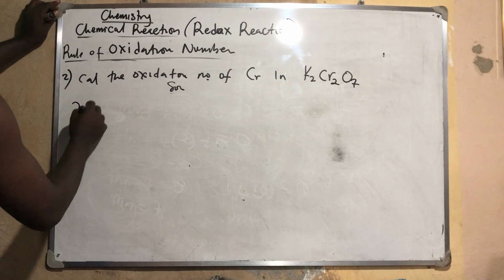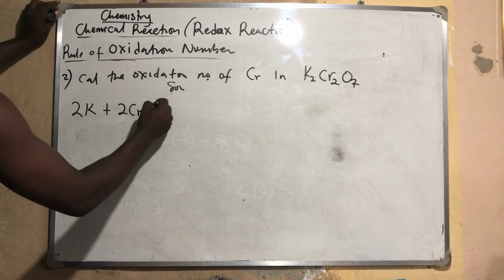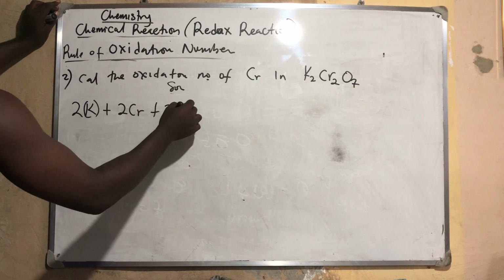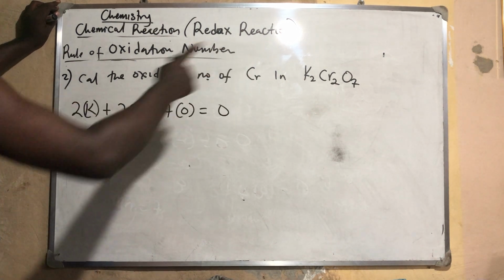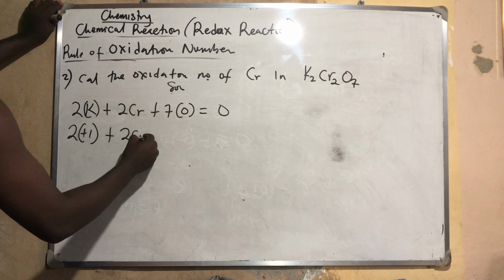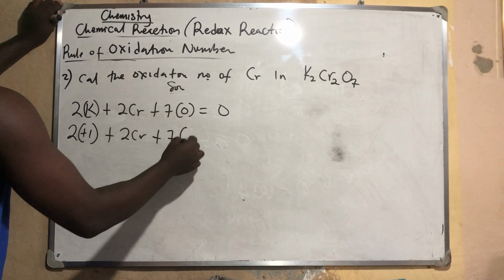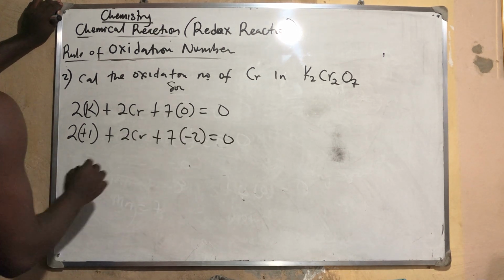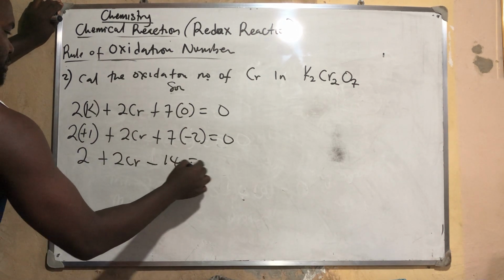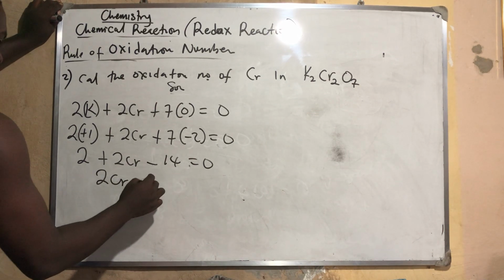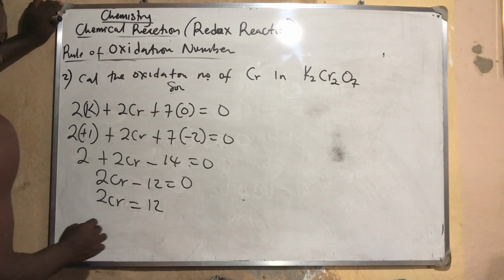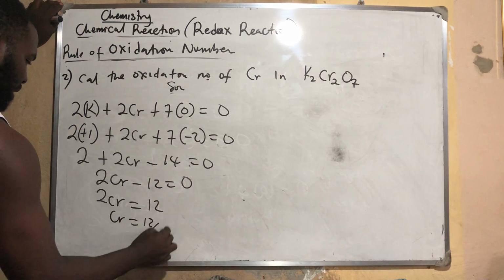We say 2 of K plus 2 of Cr plus 7 of oxygen is equal to 0, because it does not have any charge. So we say 2 of plus 1 plus 2Cr that I'm about to calculate plus 7 into minus 2 is equal to 0. So I have 2 plus 2Cr then minus 14 is equal to 0. So therefore 2Cr minus 12 is equal to 0. So therefore 2Cr is equal to 12. So Cr is equal to 12 divided by 2, which is what?